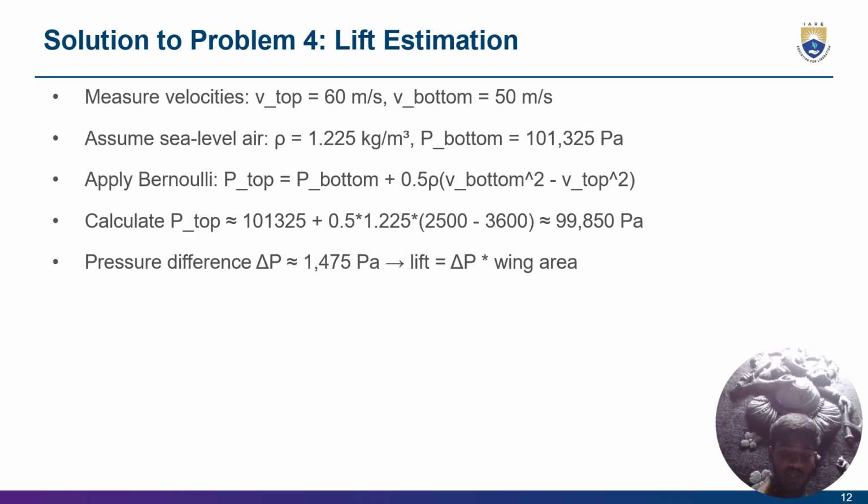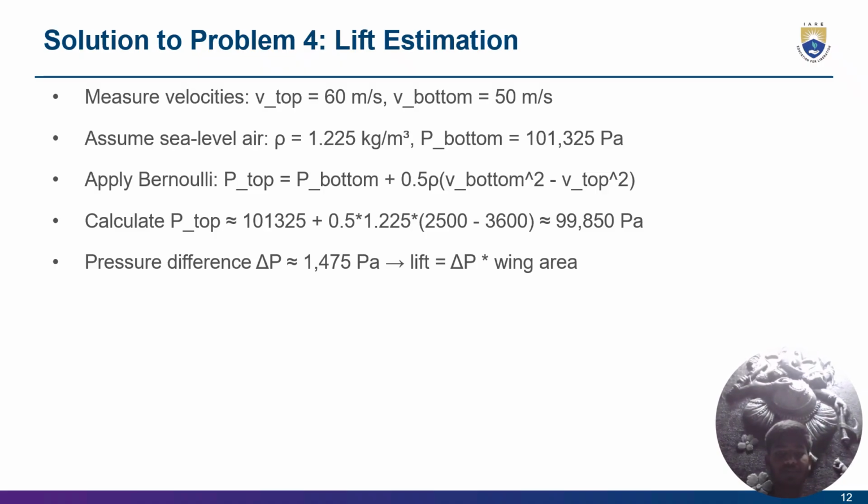Solution to problem 4, lift estimation. Measured velocities: V top equals 60 meters per second, V bottom equals 50 meters per second. Assume sea level air, rho equals 1.225 kilogram per meter cube. P bottom equals 101,325 pascals.